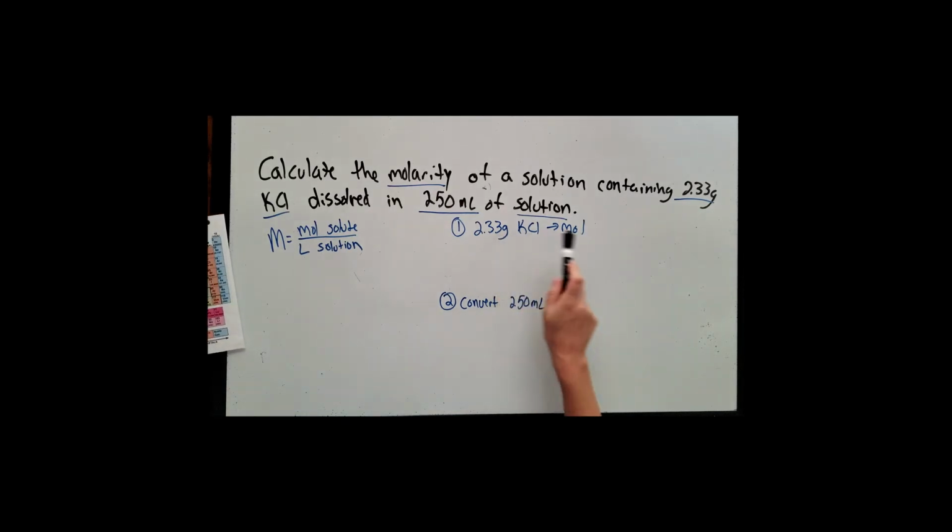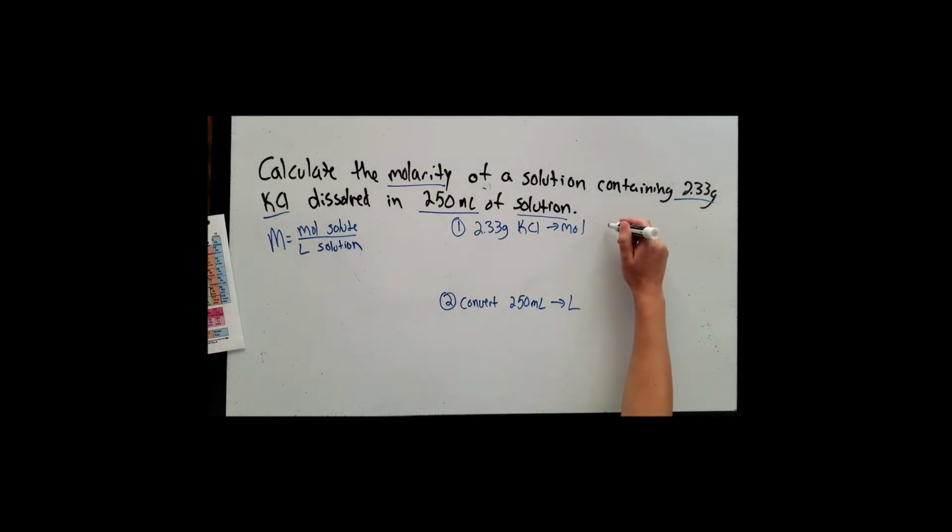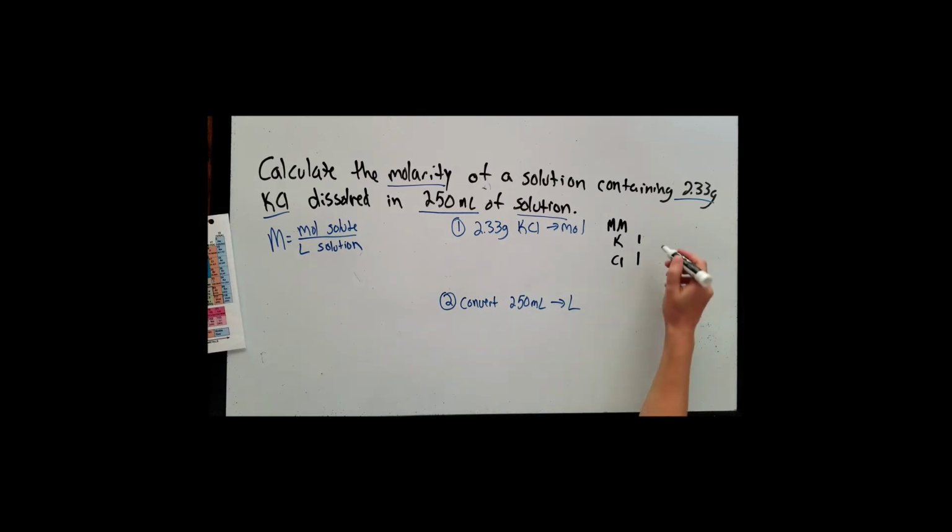So we're going between grams and moles, much like on the last problem. If you go between grams and moles, which piece of information do you need? Molar mass. So we have potassium, we have chlorine. I find those on my periodic table. I have one atom of each according to my chemical formula. Potassium is 39.